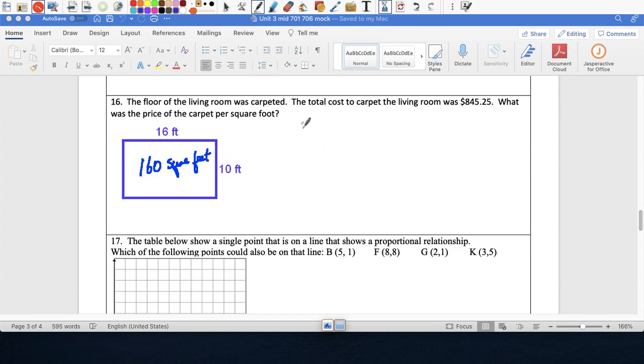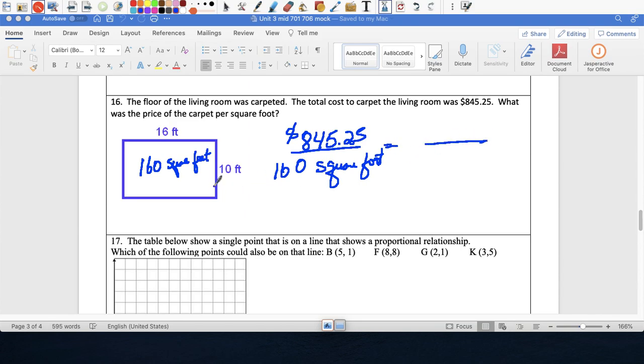So it says here, our information says that you paid $845.25 for 1 square foot. No, sorry, not for 1 square foot, for the whole room, and this whole room we just found out was 160 square feet. So what we need to know is how much do we pay for one of these, right?